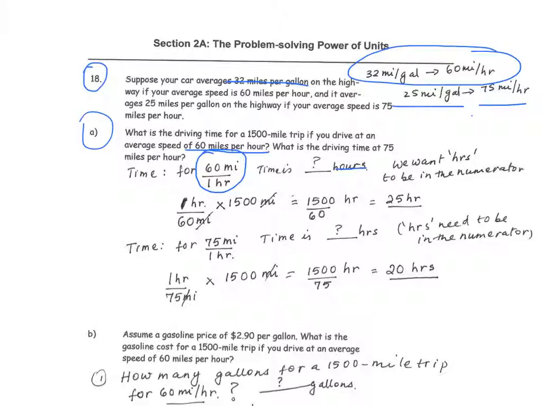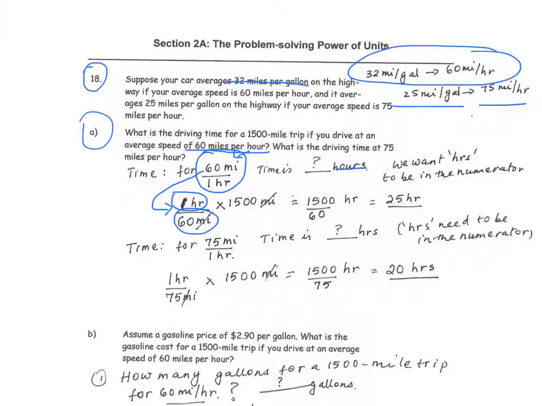So if we take this fraction and if we could somehow make sure that the hours is in the numerator and we somehow cancel off the miles, then we get our answer in hours. So the only way to make the hours in the numerator is to flip that fraction. So going 60 miles in 1 hour is the same as saying in 1 hour we go 60 miles. So that's flipping the fraction.